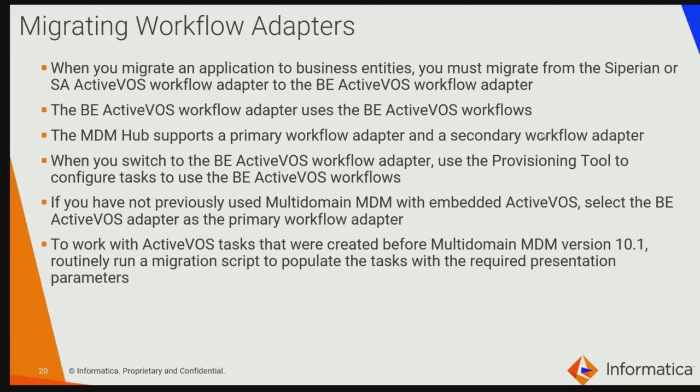The secondary workflow adapter has to be used only for migrating the existing tasks from the older build to 10.3. In order to migrate the existing tasks before 10.1, there is a migration script as part of the upgrade guide. You use that script to migrate any of your existing tasks after moving to business entity.